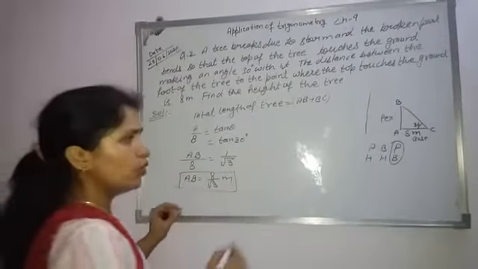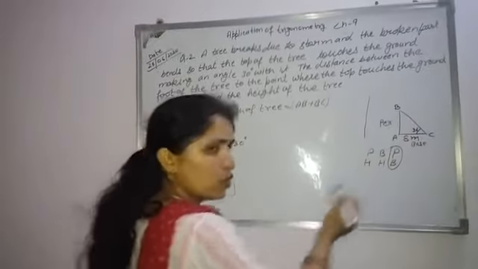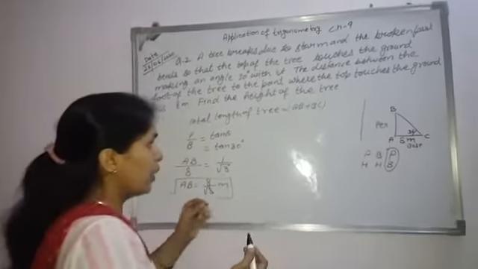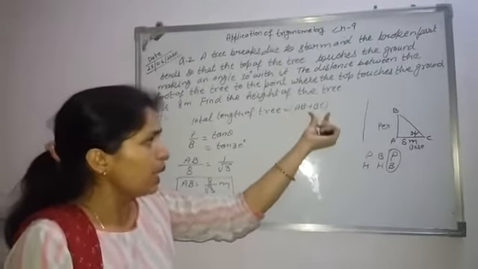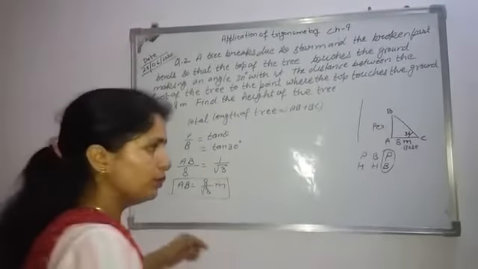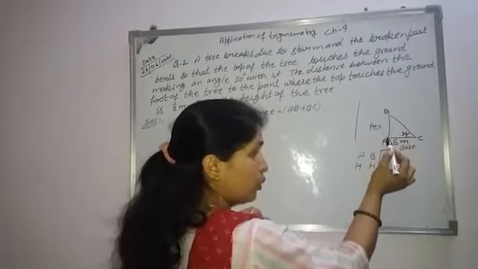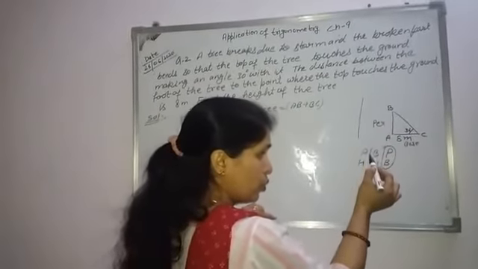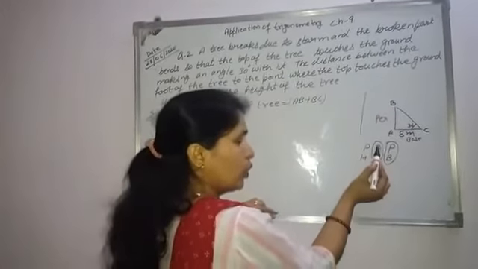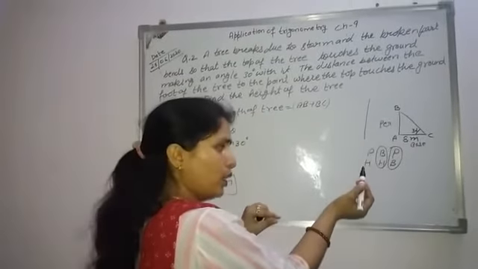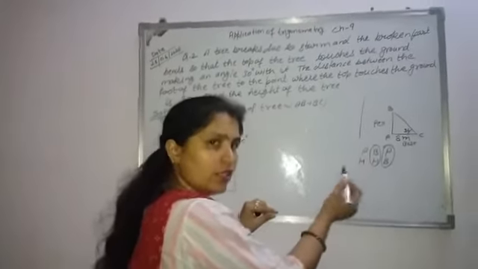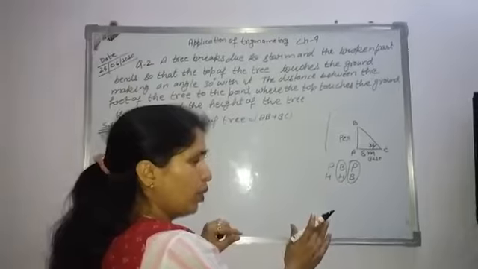Next one, we want to find out which one? Hypotenuse we want to find out, because we need both AB and BC values. If we want to find this hypotenuse, now perpendicular we have, base we have. So which relation do we want to use? Suppose we use this relation, and if you want to use the sine relation, you can, there will be no problem.